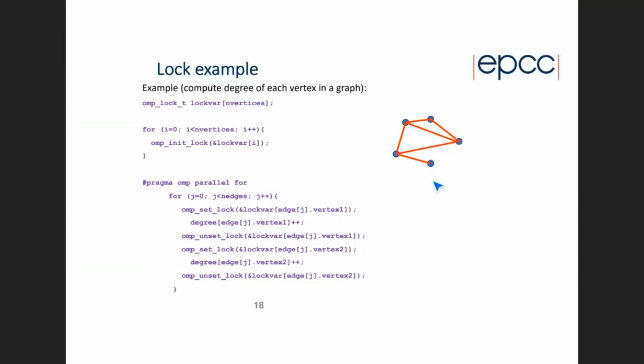If you have data structures like that and you want to use locks, it would be natural to add a lock to that object or data structure, so that every instance of that data structure comes with its own lock.